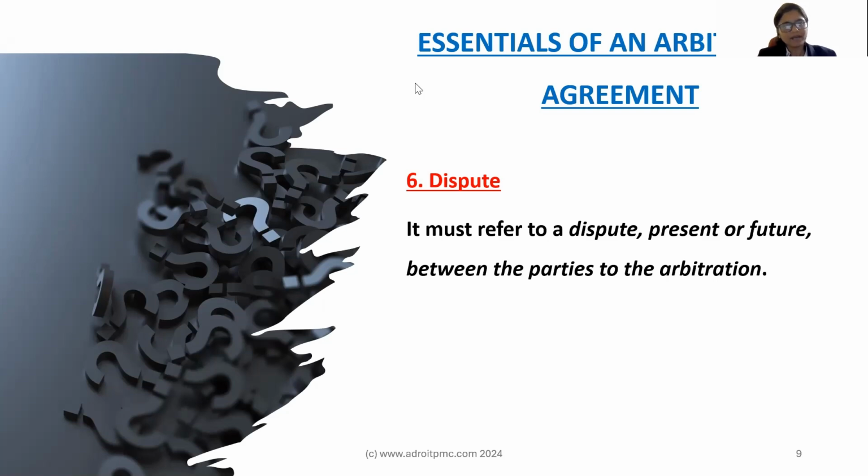Only then the matter can be referred for arbitration. So make sure that before invoking arbitration, there is some dispute between the parties that could not be resolved by mutual terms, negotiation and mediation.